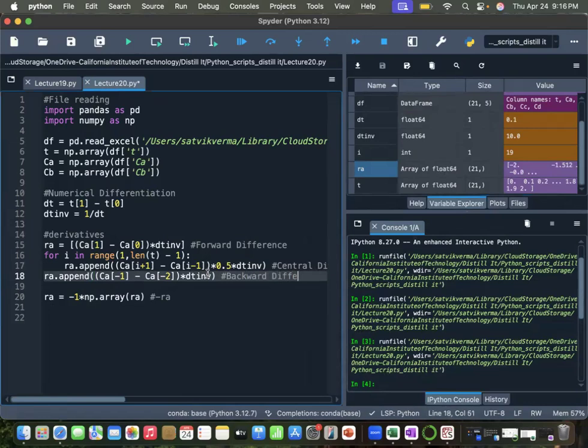In most cases, you will be doing the same thing: evaluating derivatives in this way, forward, central, and backward. So now we have the rates. The next step is to evaluate the constants n, m, and k. In the next video, we'll see how we would get these constants.